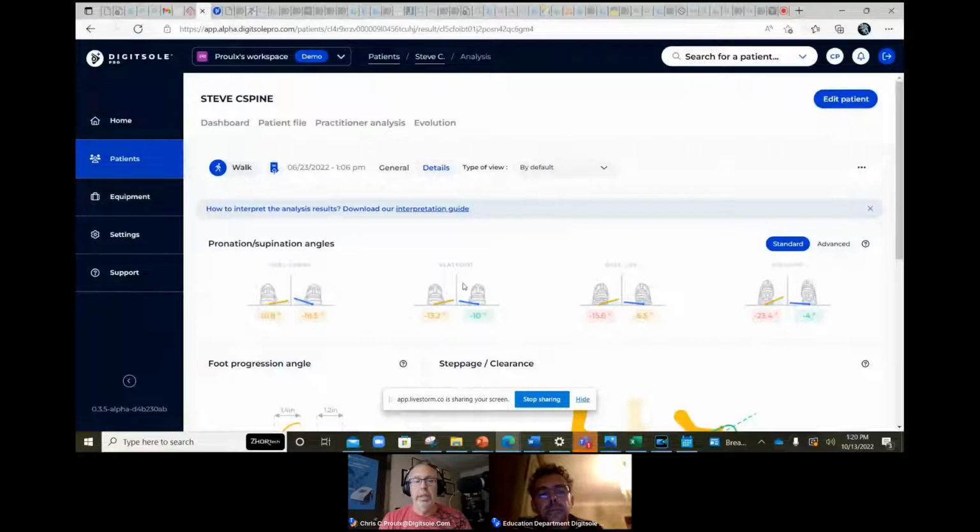And then as we see here, he remains and actually increases in that heel inverted angle, right? So the calcaneus is pointing towards the midline, but yet his right foot is following the normal trajectory or pattern as we heel strike, and then that transitions into a more foot flat position.